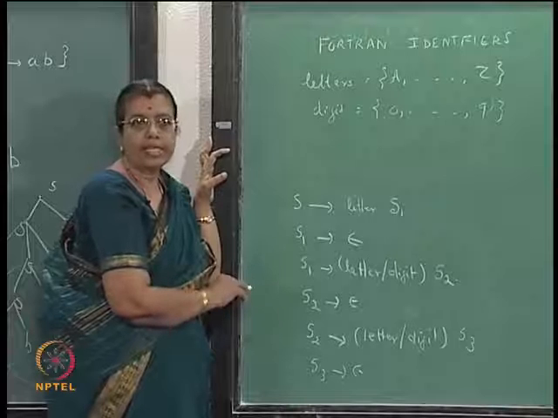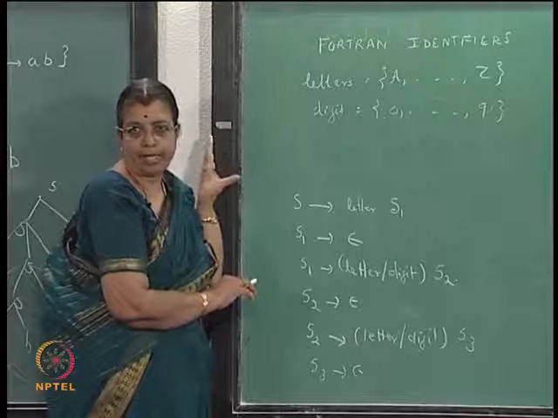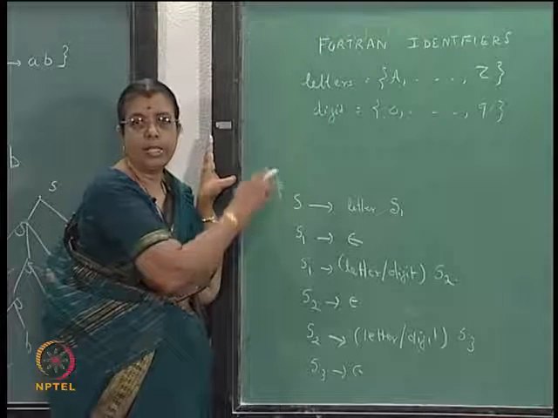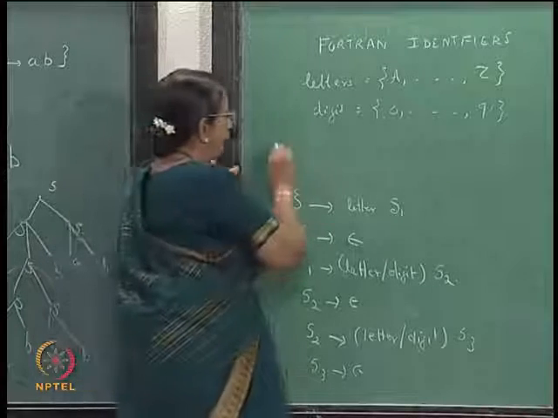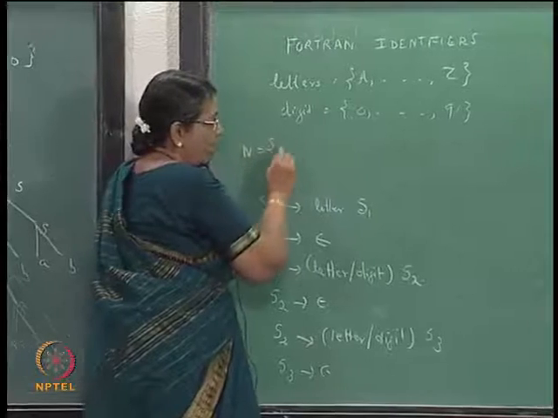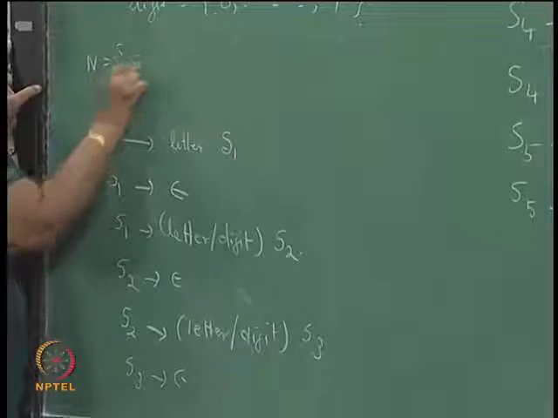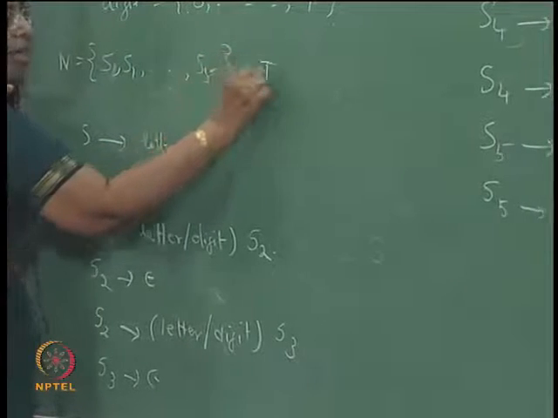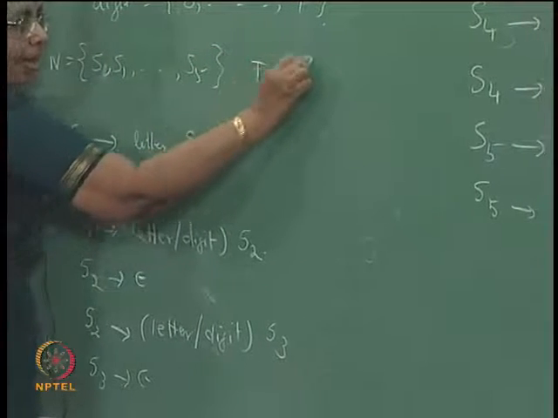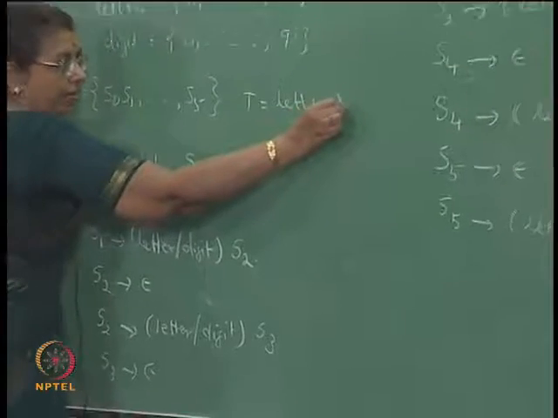This is the definition of type 3 grammar, so this is a type 3 grammar or a regular grammar. The non-terminals we have used here are S, comma S1 to S5. Terminal symbols are letters union digit.